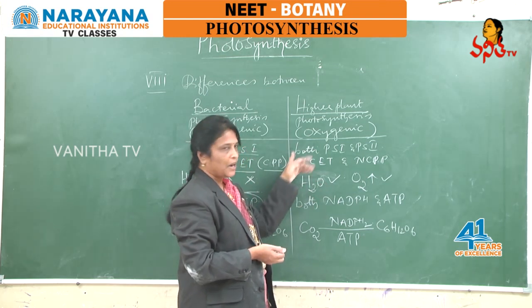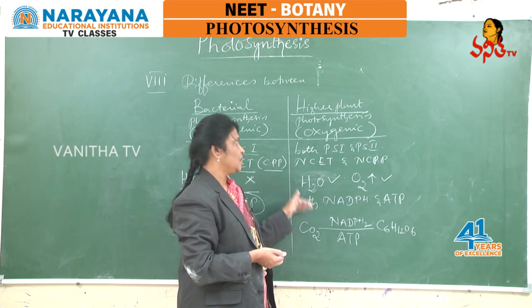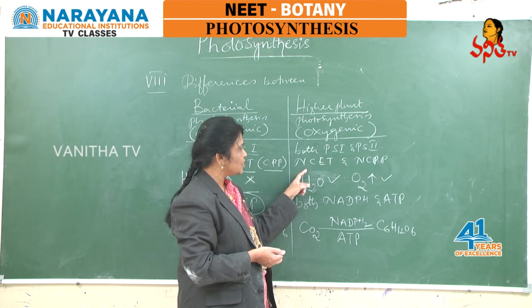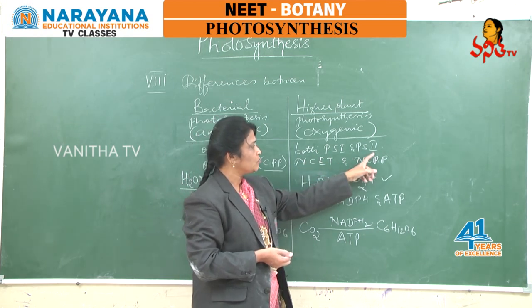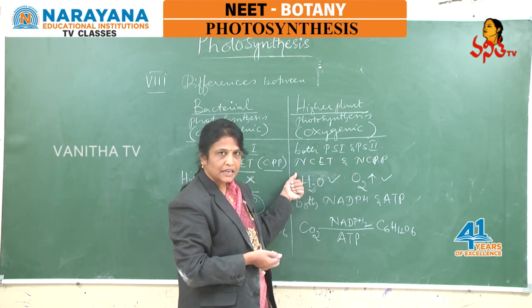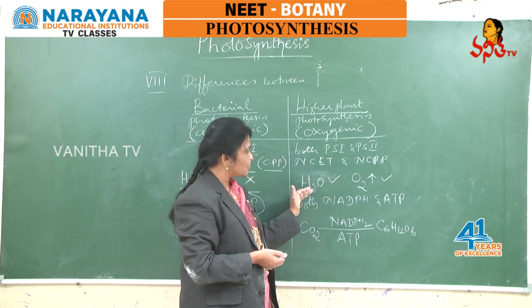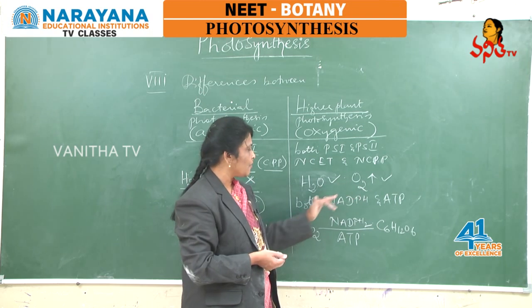Now NADPH as well as ATP is the assimilatory power synthesized during the non-cyclic electron transport that occurs in higher plant photosynthesis. So the electron transport mechanism in higher plant photosynthesis, by the involvement of PS1 and PS2, is said to be non-cyclic electron transport, and that causes photolysis of water and evolution of oxygen.